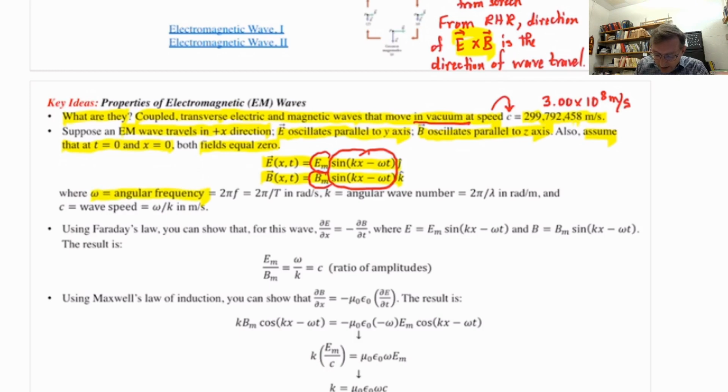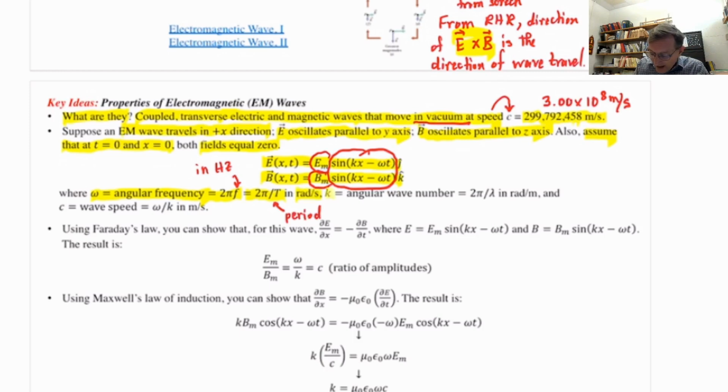It's equal to 2 pi f, where f is the regular frequency, in the unit called hertz. It can also be written as 2 pi over the period, capital T, in seconds. And the unit of angular frequency is radian per second.